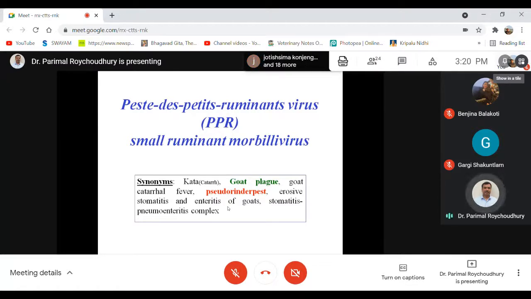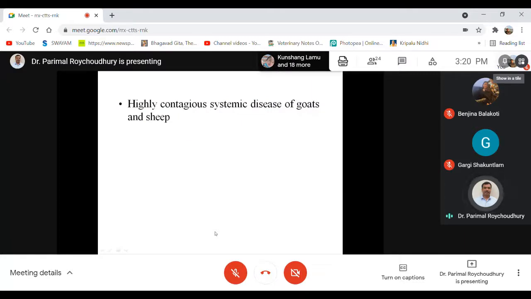So it is a morbillivirus infection. It has several names in India, particularly in Andhra Pradesh and southern India. We call it Kata. Kata is a name for catarrhal inflammations, and goat plague, large-scale death, pseudo-Rinderpest-like disease, because the other clinical manifestations are similar to those of Rinderpest. So likewise, several synonyms are there for this particular infection.